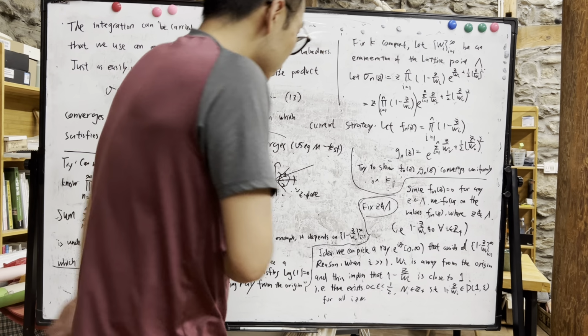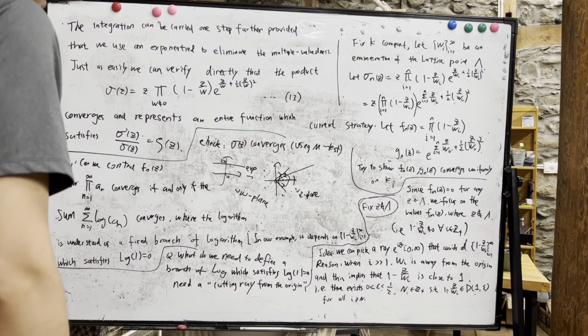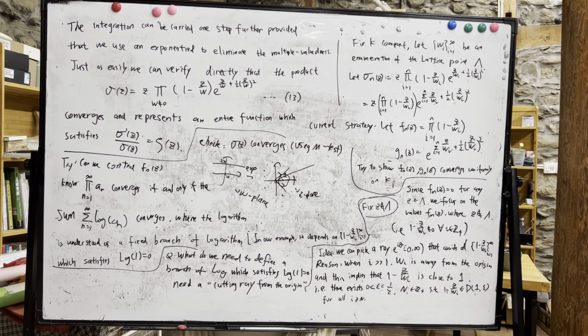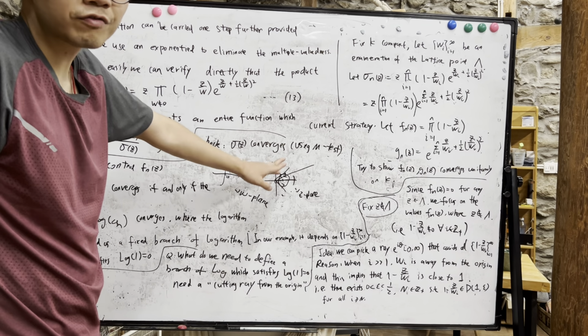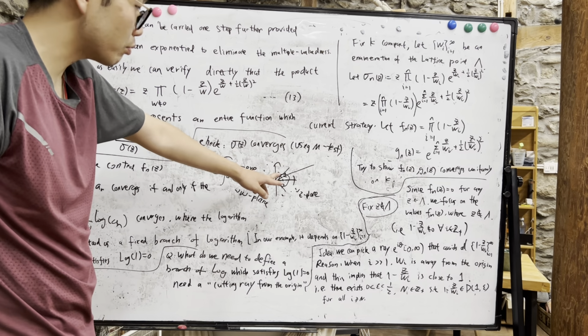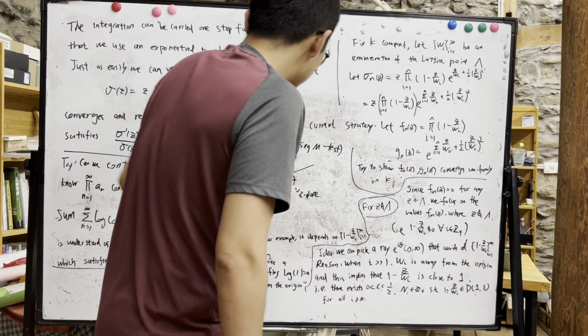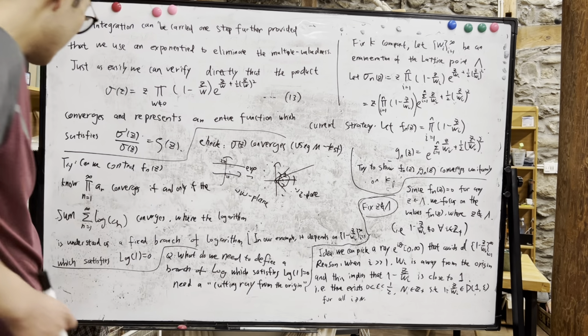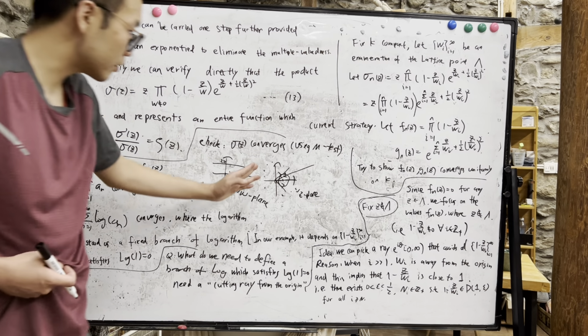After fixing this ray to avoid all these points, and together with choosing the z that's not in the excluded set, we are allowed to define the branch of log based on this missing point.